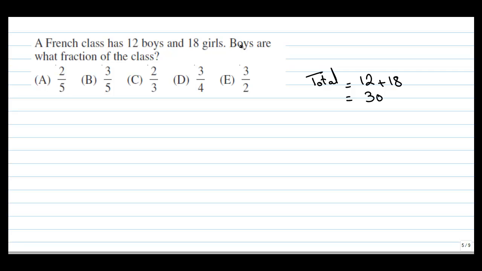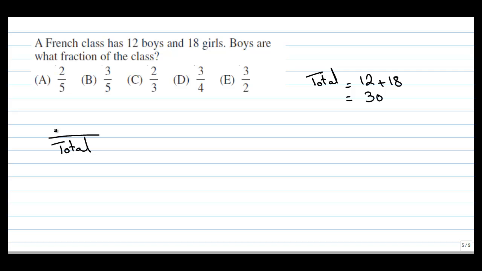Now continue reading. Boys are what fraction of the class? This is easy. In this case, we always divide by the total, whether the question says boys are what fraction or girls are what fraction. It's the same.